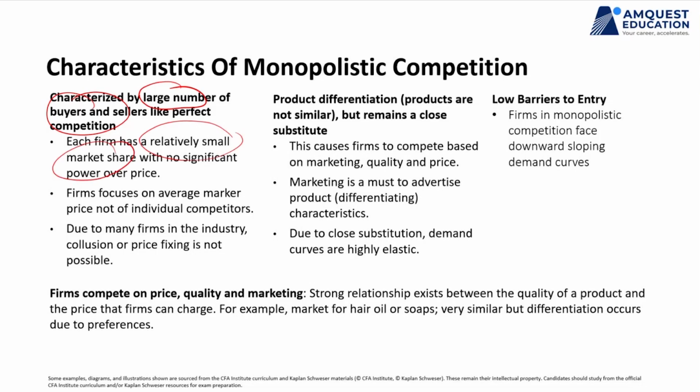So we'll have maybe 25, 30 sellers, and every seller will have a 3 to 4% share in the market. Some have 5%, some have 10%, some have 15%, but all of them have a share. But no seller has significant power over the price. No seller can single-handedly decide what price he wants to sell at.